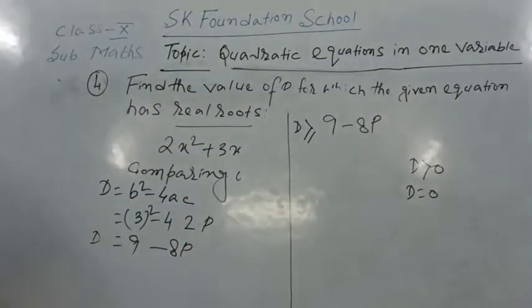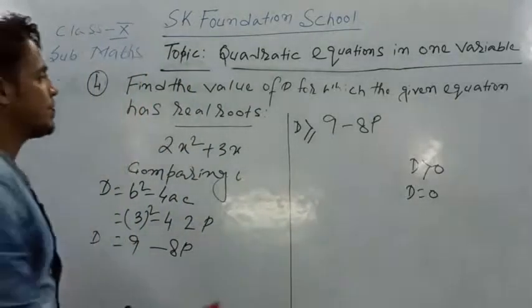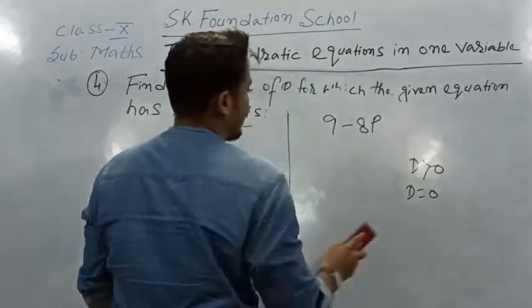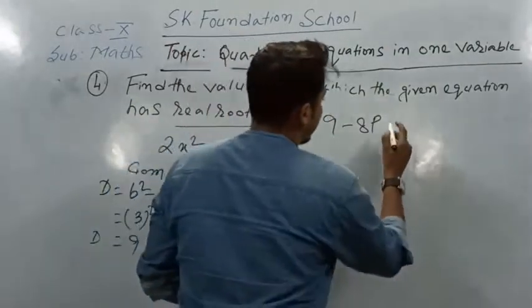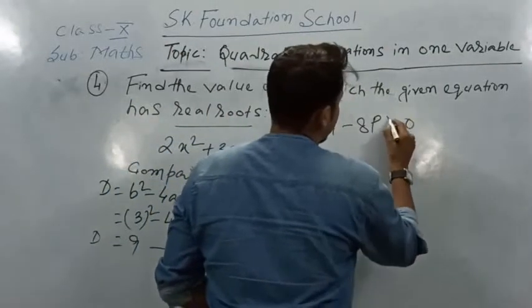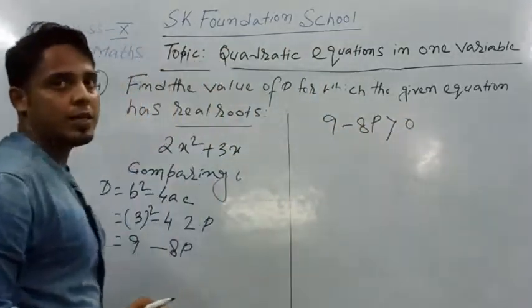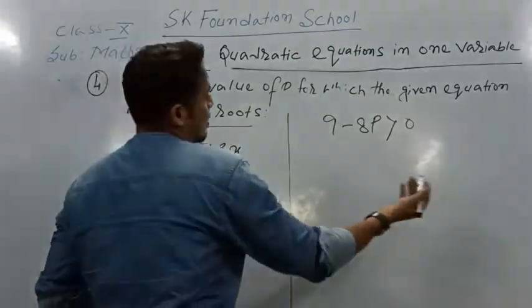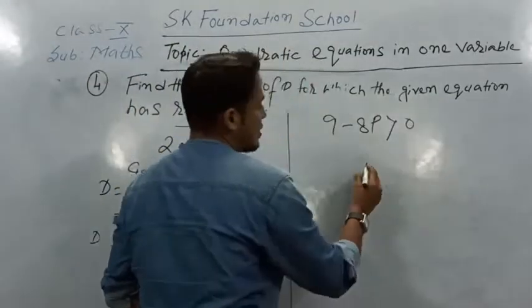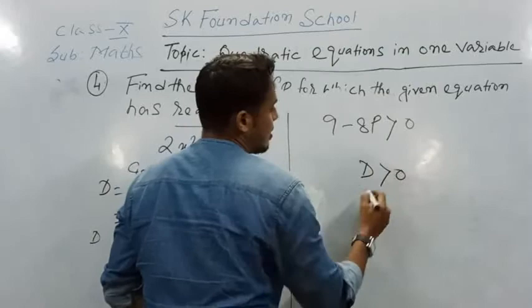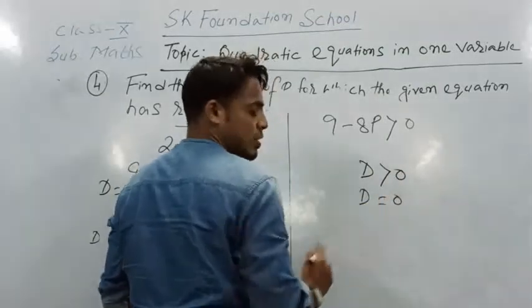It indicates greater than 0. 9 minus 8p greater than 0, that means 9 minus 8p is the value of D, so 9 minus 8p is greater than 0, right? Because greater is possible under two conditions, when D is greater than 0 and D equals 0.